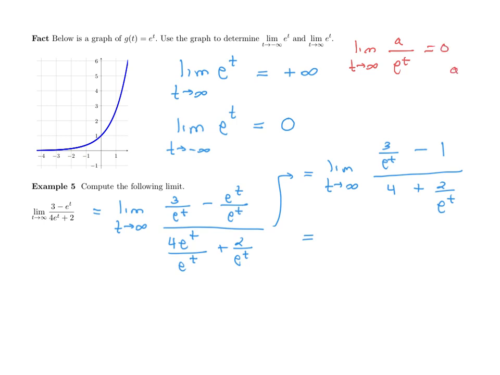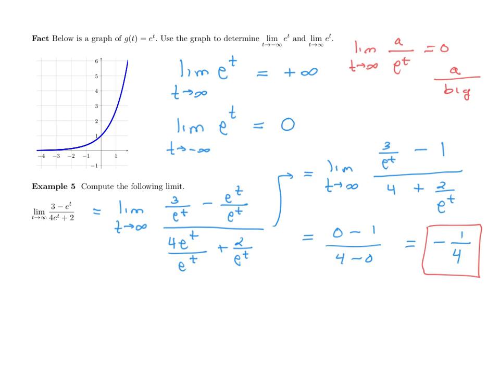And it's because you have a number over something that is very big, meaning the result is very small. So for the same reason, we can say, well, this is 0, and 1 and 4 don't change. So we get 0 minus 1 over 4 minus 0, and that answer is negative 1/4. That is the answer to this limit at infinity.